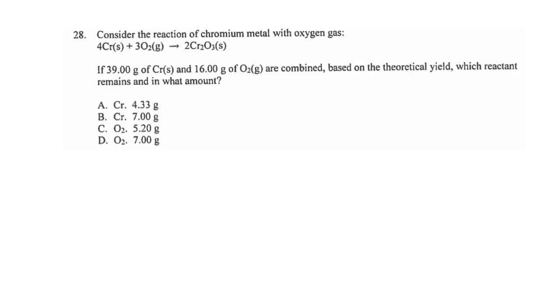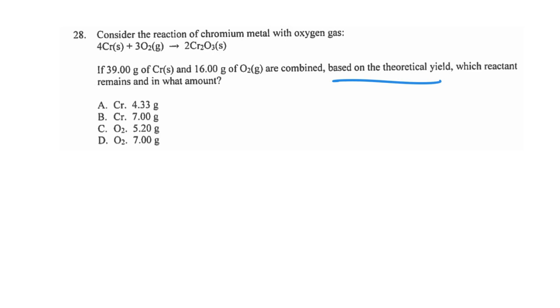Moving on to this one here, this gets back into dealing with more ordinary masses and probably using dimensional analysis. Here we have Cr reacting with O2 to produce Cr2O3. The reaction is written balanced for us. So if we have 39 grams of chromium and 16 grams of oxygen combined, based on the theoretical yield, this is not my favorite way of saying this, but this is just saying, assume the reaction goes to completion.